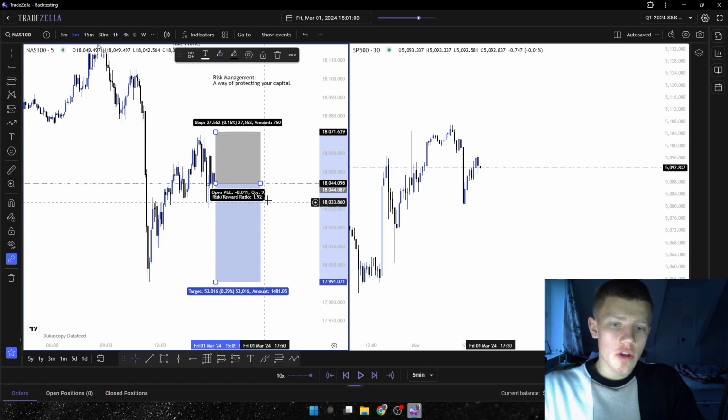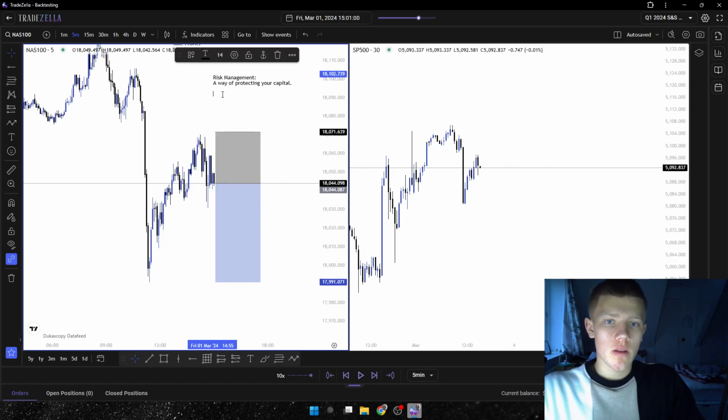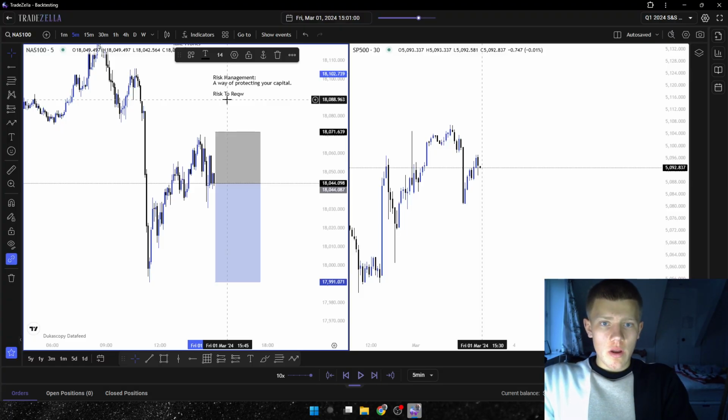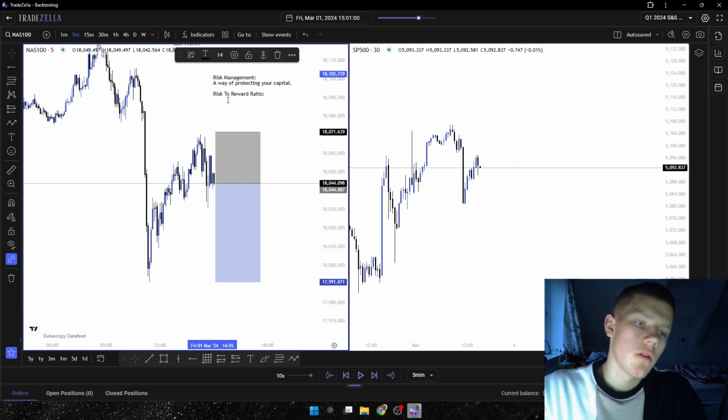We can see, first of all, the risk to reward ratio. Risk to reward ratio is about how much you risk to how much you make, if that makes sense.